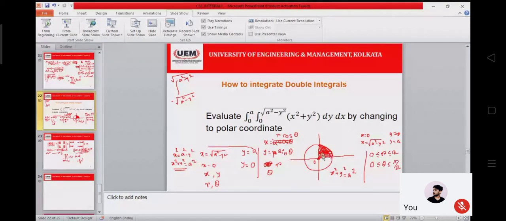Remember, I considered a horizontal strip here, so the strip starts from the left side and ends on the right side. Then what will be the changes in your new limits?